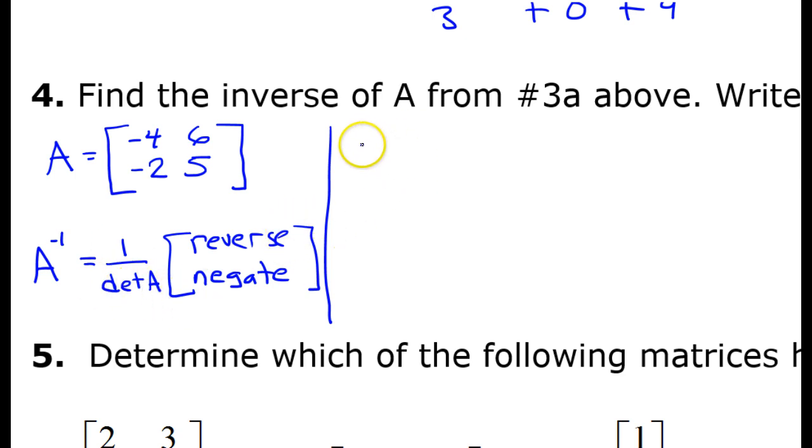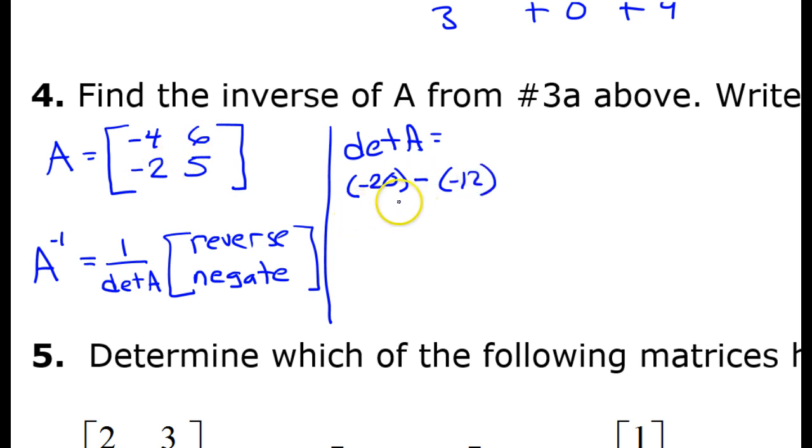So the determinant of matrix A is the down diagonal minus the up diagonal. The down diagonal is -20, and then the up diagonal is -12.